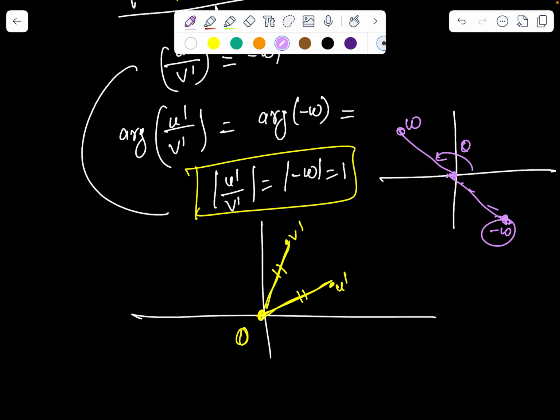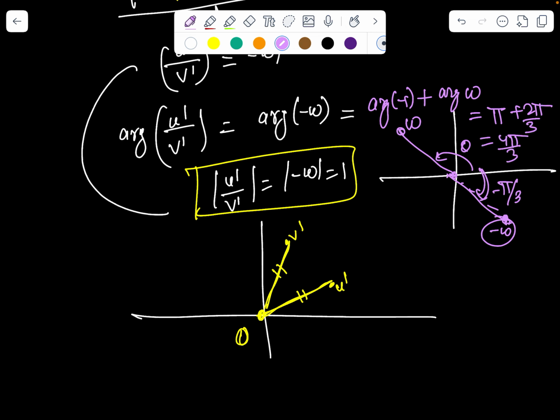It's just the reflection about the origin. So this argument is minus 60 degrees. In other words, you can write this as argument of minus 1 plus argument of omega. Argument of minus 1 is pi, and that is plus 2 pi by 3.